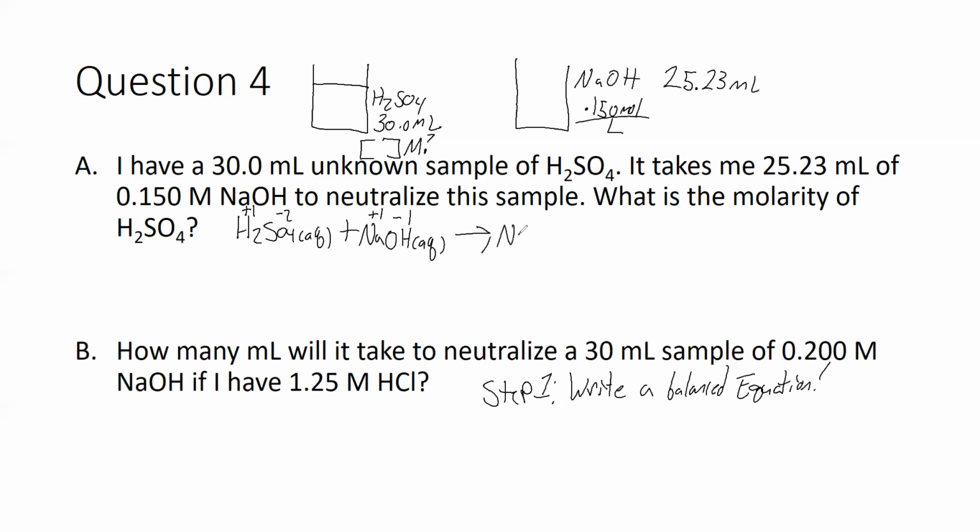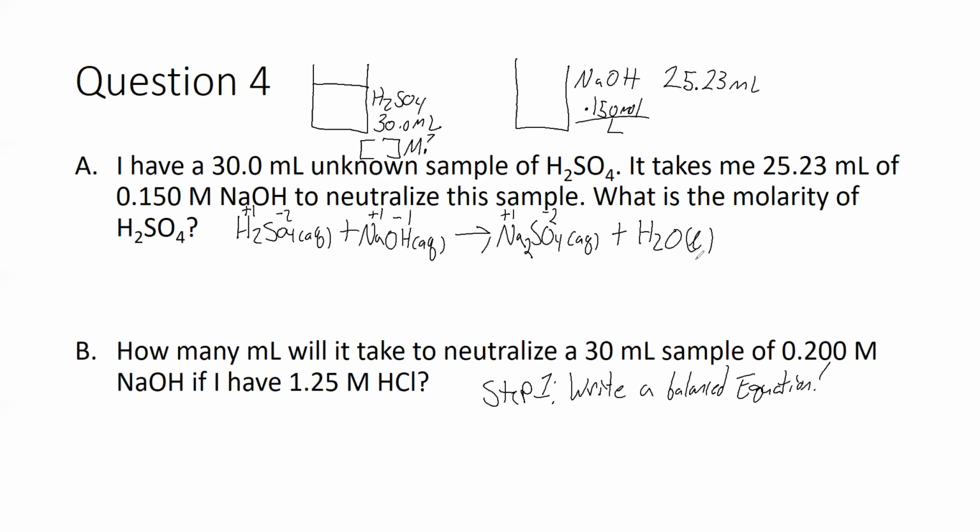So the first product we're going to make is NaSO4 aqueous. We need to look at the charges again. So Na is +1, SO4 is -2. So we need 2 sodiums to balance out the charges. So Na2SO4. And our other product is going to be H2O liquid.